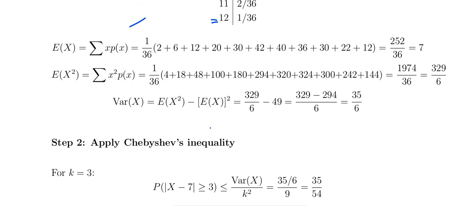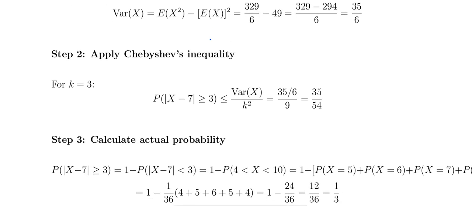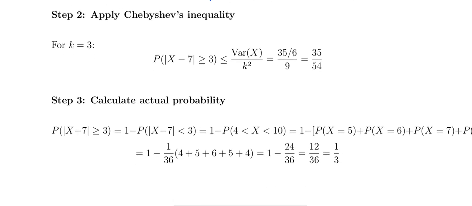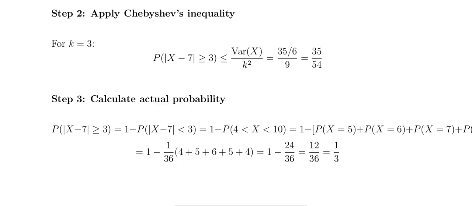ஆமா 7. So P of mod x minus 7 greater than or equal to k sigma. K sigma, variance of x என்றது 35 by 16. That is greater than or equal to 3, and k equal to 3.